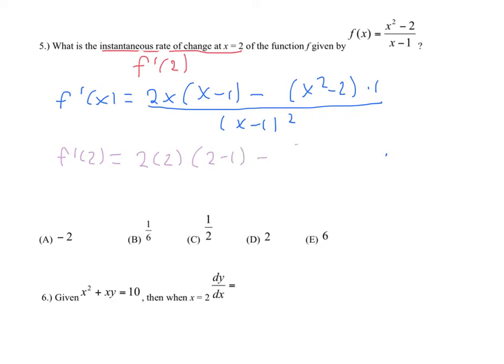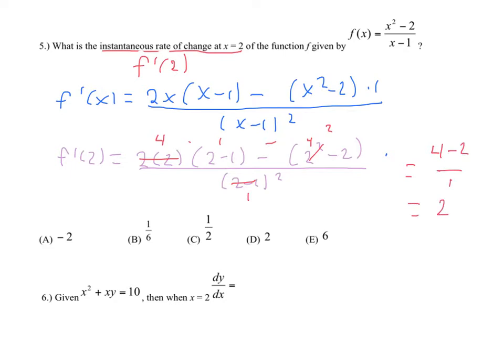Everywhere I see an x, I'm plugging in a 2. So I get 4 times 1 minus 4 minus 2, which is 2, all over 1 squared. 4 minus 2 over 1 is equal to 2.